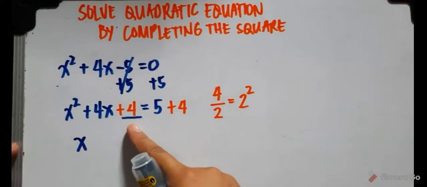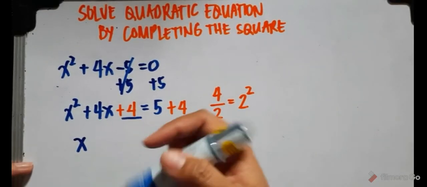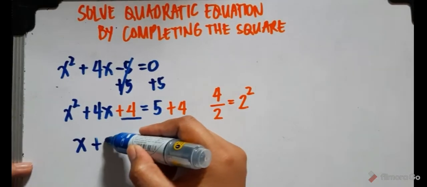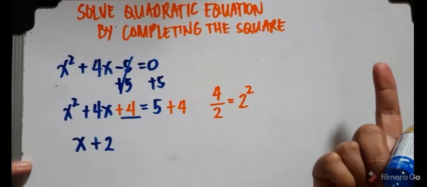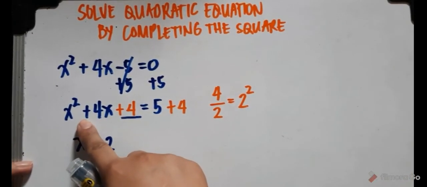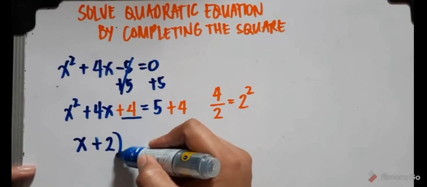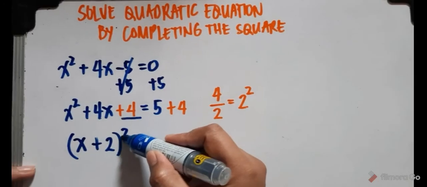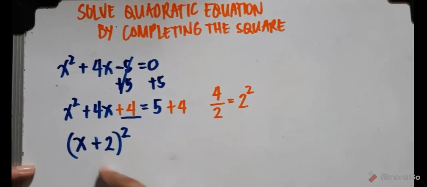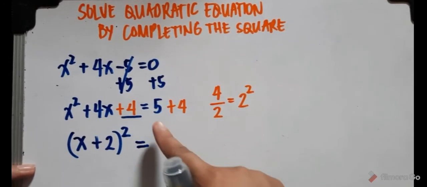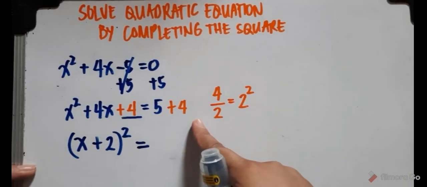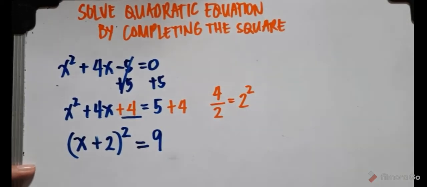Square root of 4 is positive 2 or negative 2, but the second term sign is positive. Therefore, we take the positive sign for 2 squared. Now, this is a square of a binomial, equal to the sum of 5 and 4, which is equal to 9.